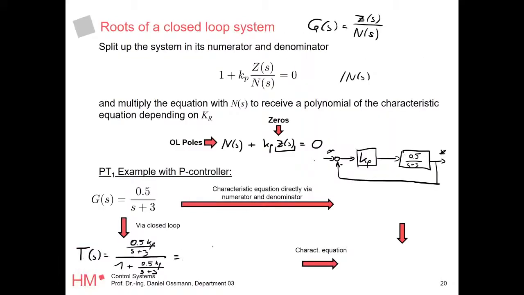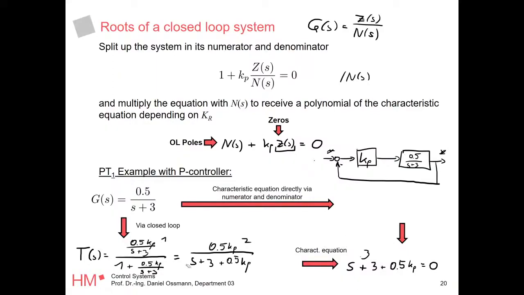You solve the double fraction: it's going to be 0.5 Kp over s plus 3 plus 0.5 Kp. Done, right? The characteristic equation now is only the denominator: s plus 3 plus 0.5 Kp equals 0. How many steps? 1, 2, 3.